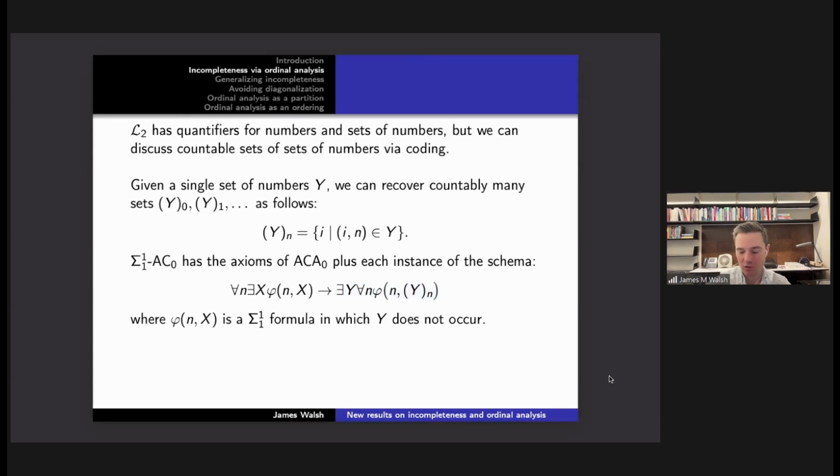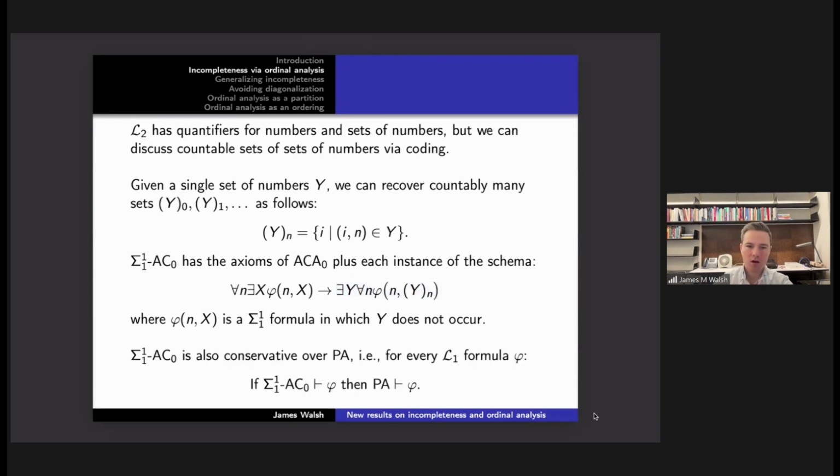You can think of this as a principle that allows you to move quantifiers around in sentences, right? So it's allowing you to swap a number quantifier and a set quantifier. And one of the things that this allows you to do is to take positively occurring existential set quantifiers and pull them out front. So if you are working in this theory, sigma 1-1 axiom of choice, and you see positive set quantifiers, you can get them to the front of the formula. I mean, you can get them past the number quantifiers, at least.